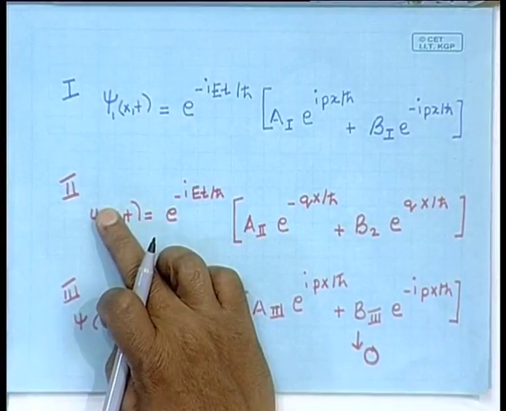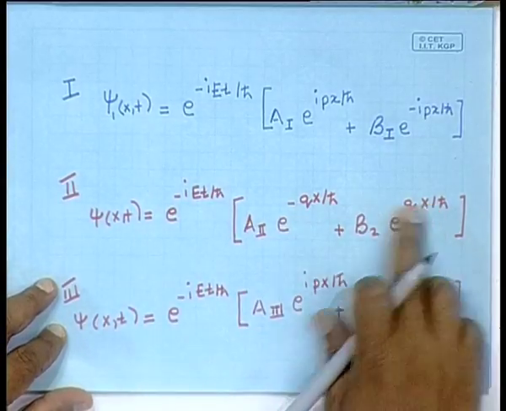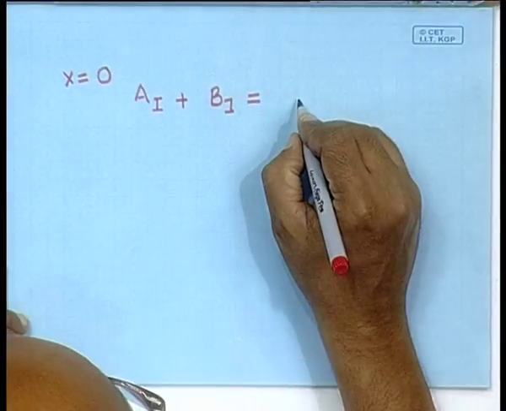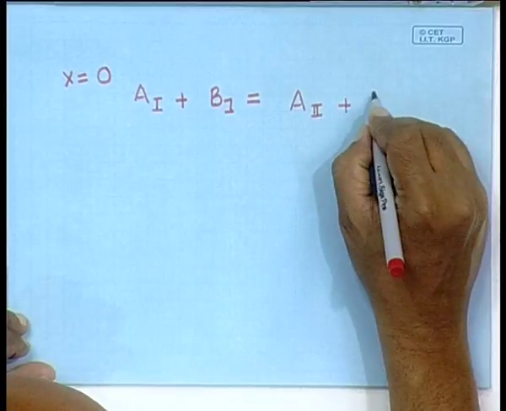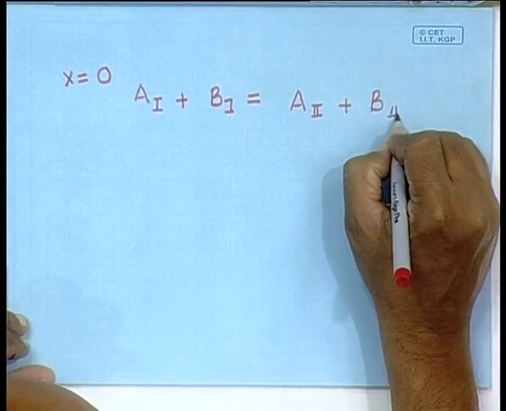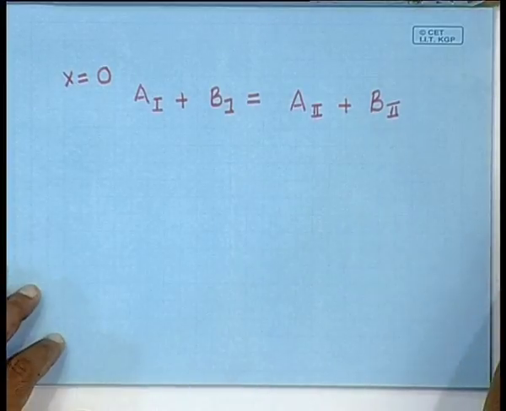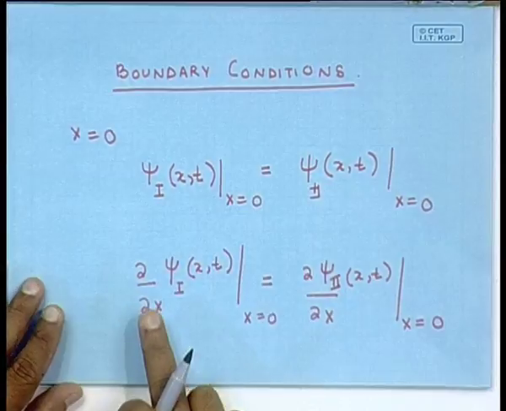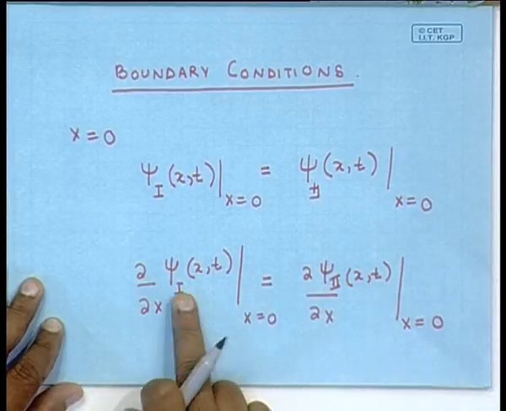So, on the right hand side, set x equal to 0 here and here, this term becomes 1, this term also becomes 1. So, I have a2 plus b2. So, this should be equal to a2 plus b2. So, this is the first boundary condition where we have matched the value of the wave function on the two sides.